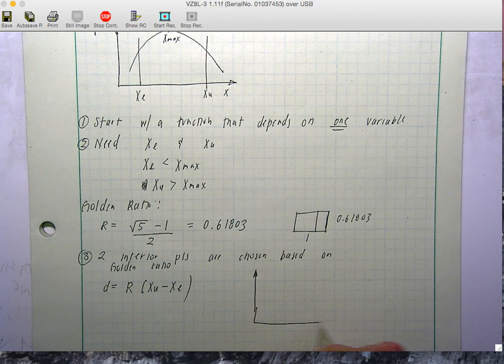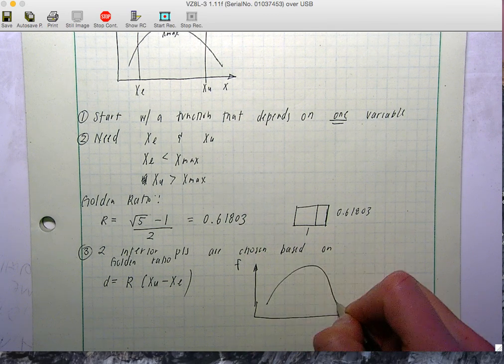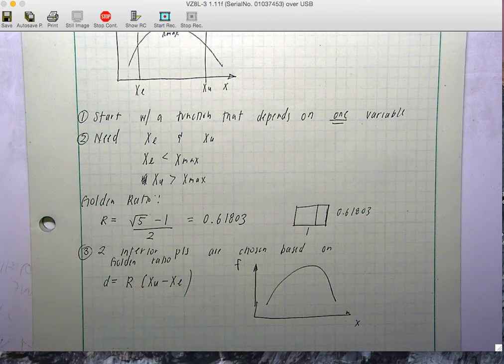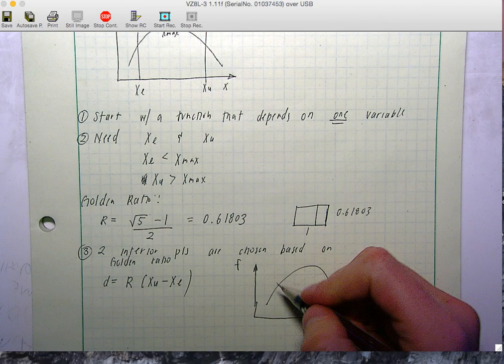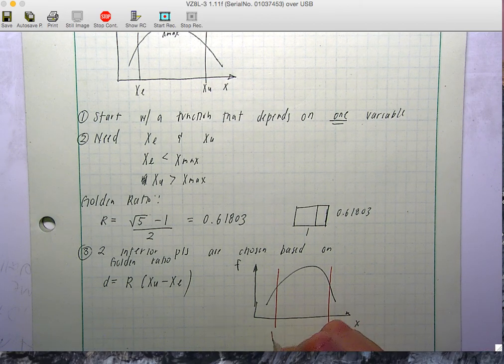So this looks like this. You have X and F. There's a mistake there.